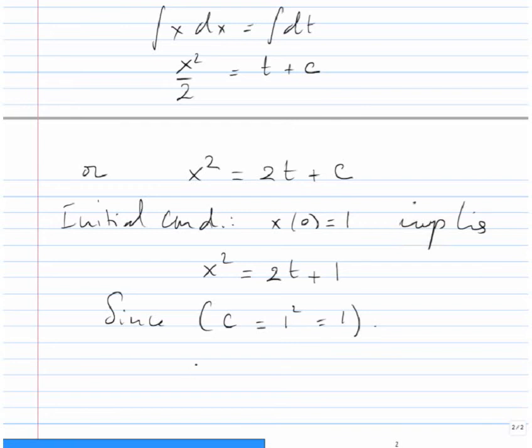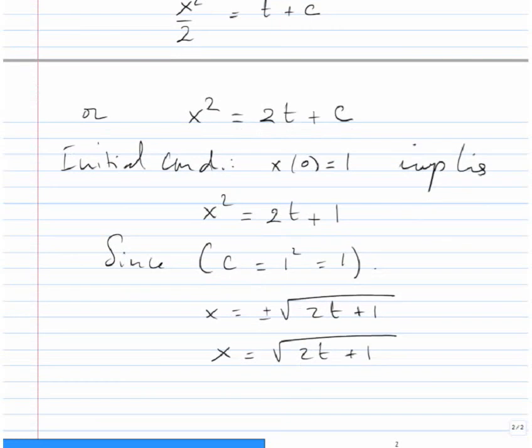So x(t) is equal to plus or minus the square root of 2t plus 1, and since x(0) is equal to 1, positive, we only keep the positive one, not the negative one. So x(t) is equal to the square root of 2t plus 1.